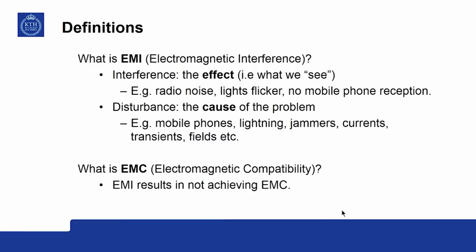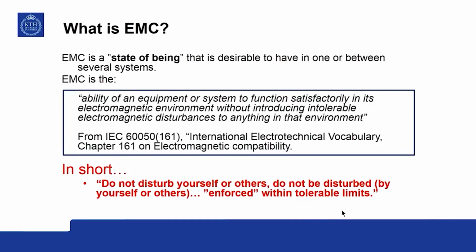We achieve electromagnetic compatibility if there is no electromagnetic interference, or we call it electromagnetic interference only if it causes a problem. So, if we do not have this problem between two systems, we say that okay, we have achieved EMC. So, EMC is a state of being that is desirable to have in one or between several systems.